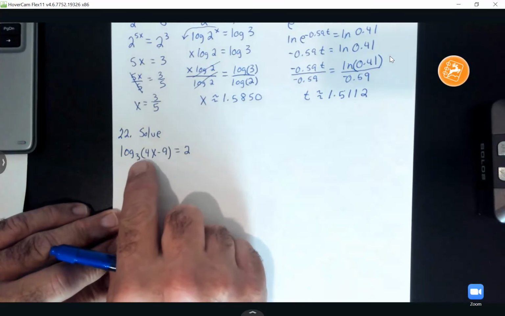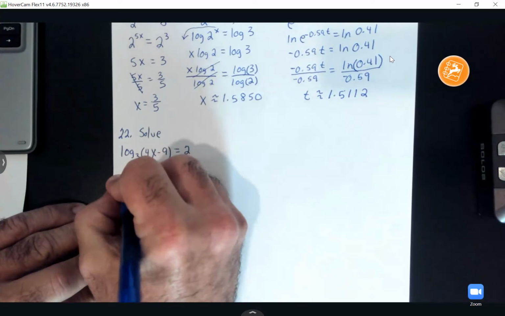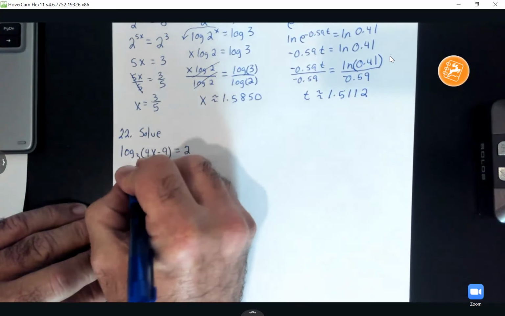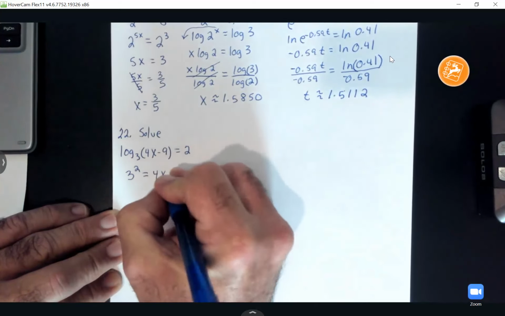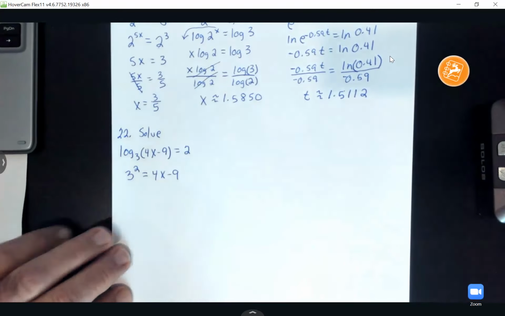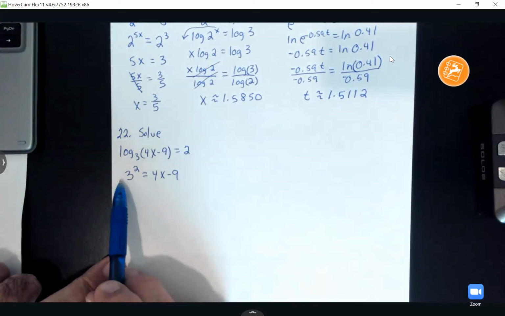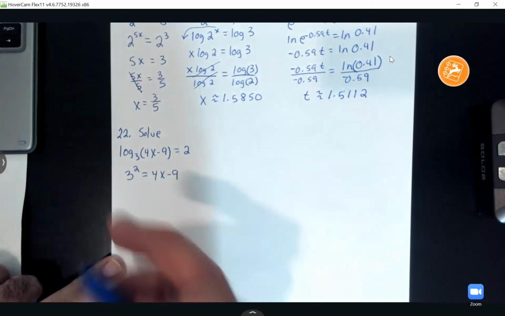So remember, the base of the exponential is the base of the log, so that'll be 3. The exponent is the 2, and 3 squared has to equal 4x minus 9. So now we're going to solve that for x. So first thing is 3 squared. That'd be 3 times 3, which is 9.